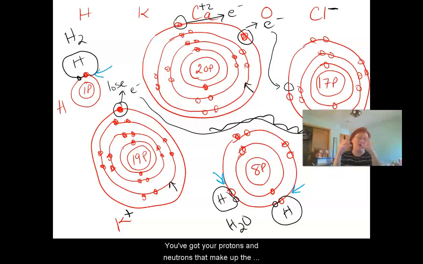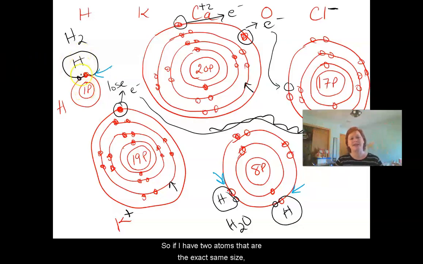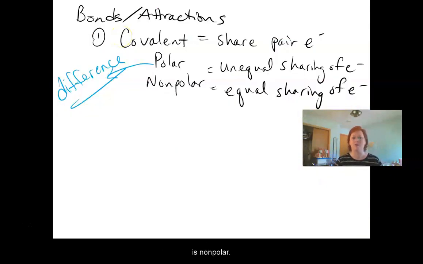You've got your protons and neutrons that make up the planet, and then you've got satellites orbiting around, and those are your electrons. So if we think about a planet, the bigger the planet, the stronger the gravitational pull. The more it's going to pull in on things, right? So if I have two atoms that are of exact same size, I have two planets of the same size pulling on these electrons. So they're going to pull equally, and remember we said equal is nonpolar.